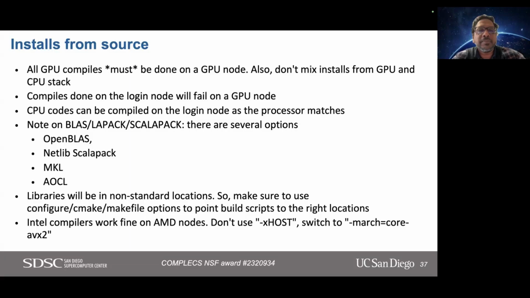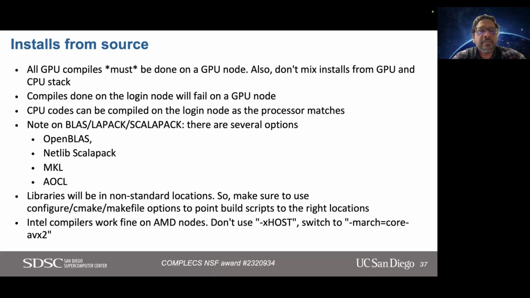So if you do some AMD specific optimization and try to run that on the GPU node, it will fail, and the other way around also. So basically, you need to get interactive access to a GPU node if you're doing a GPU install. Now, for the CPU stack, the login node is probably fine because it's the same CPU on the login node and the rest of the Expanse CPU nodes.